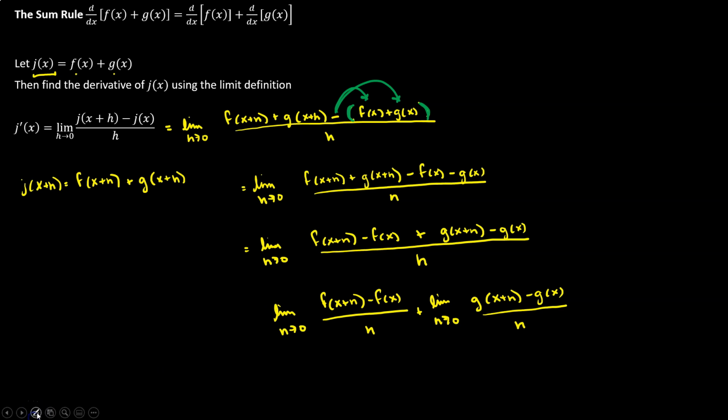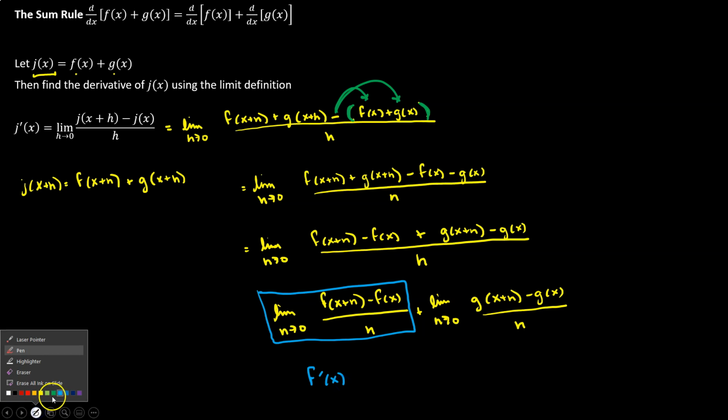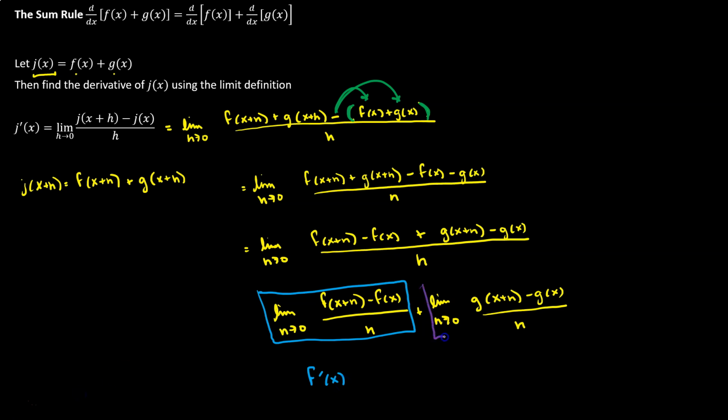And if we look really carefully, we can see that each one of these smaller limits is actually a derivative itself. So in this blue rectangle, I have the definition for f prime. And then in this purple rectangle, I have the definition for g prime.